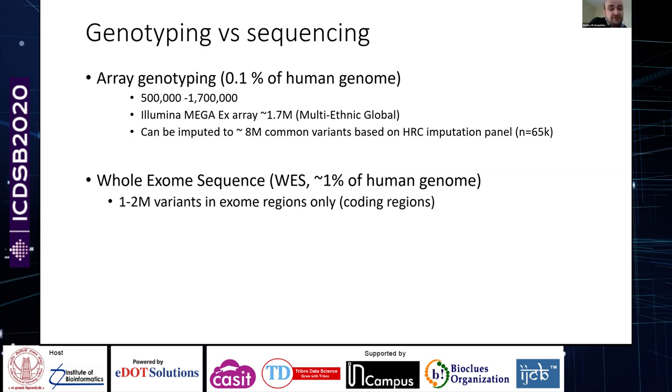Usually those positions cover some common mutations, common variation. And other missing variants from the human genome can be imputed based on some imputation panel. This is possible due to the correlation structure which exists in our human genome. It's called linkage disequilibrium.